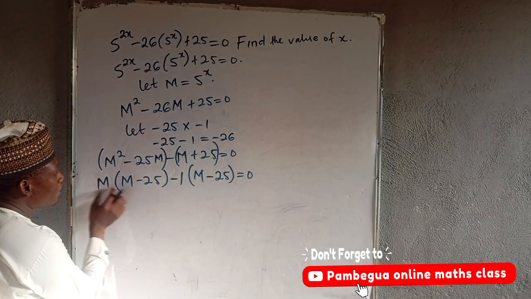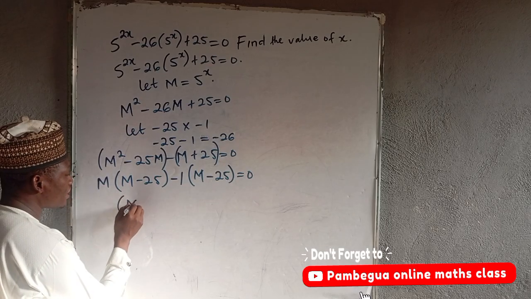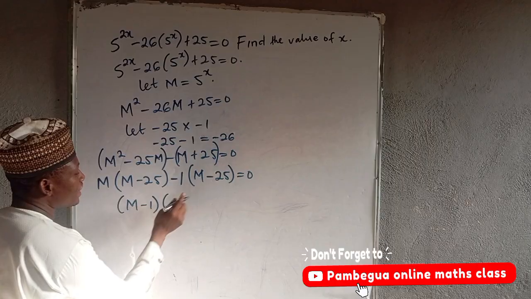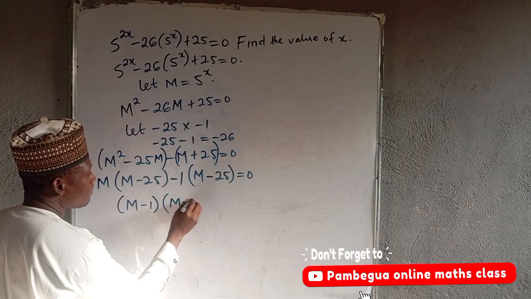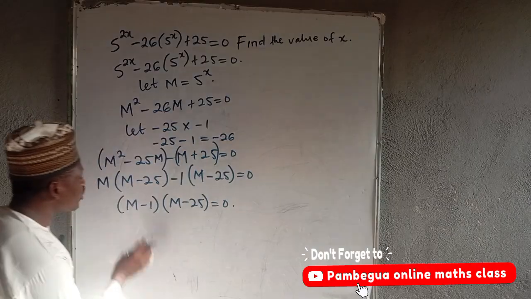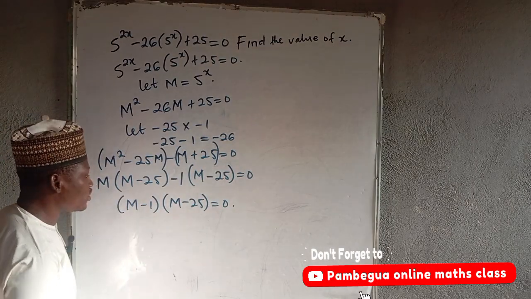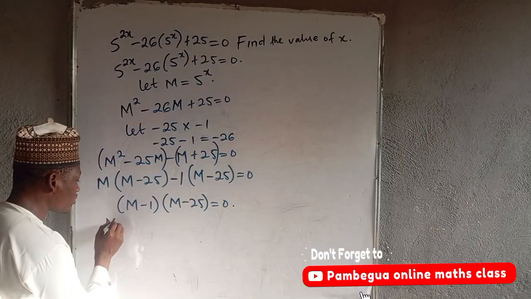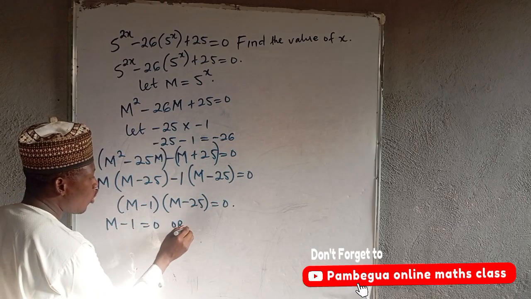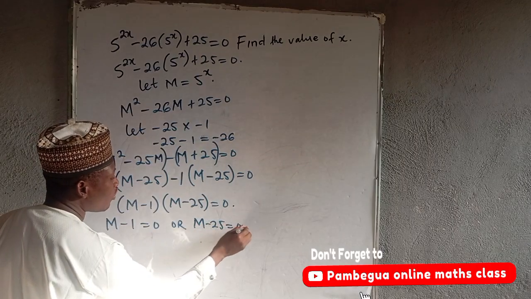So I have m and minus 1 outside, and I can put them inside a bracket, then the other bracket m minus 25, equal to 0. Now it shows that either this bracket or this bracket is equal to 0. So let me put each of them equal to 0: m minus 1 equals 0, or m minus 25 equals 0.